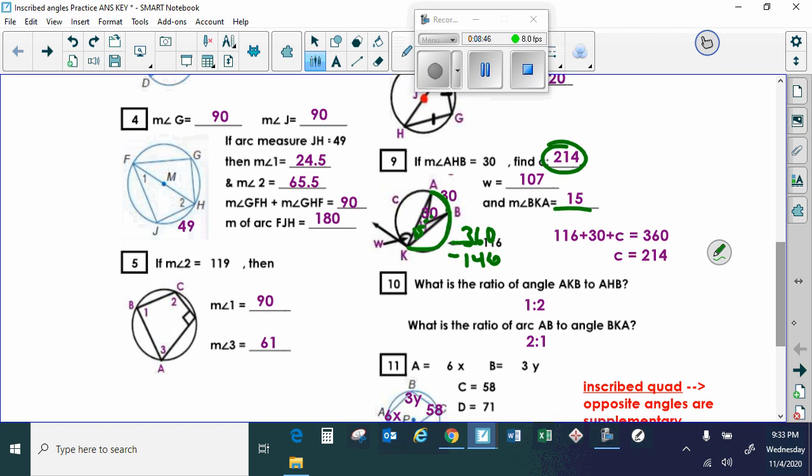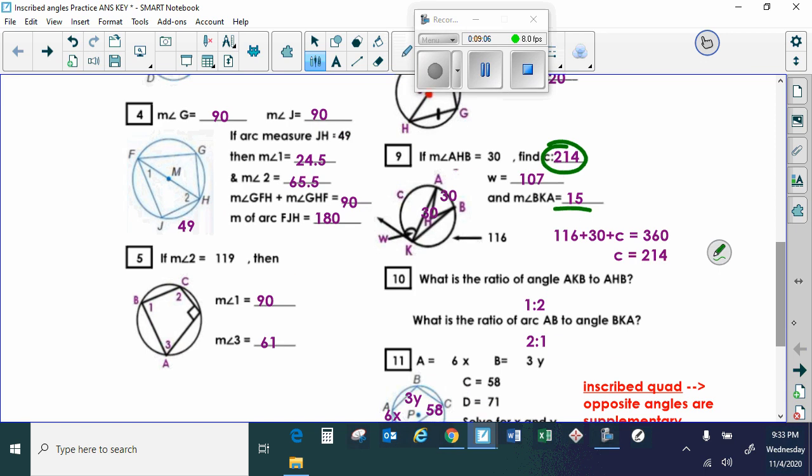When you have a tangent to a circle, as we have right there, this is like the inscribed angle, so it's half of its intercepted arc. The arc was 214, so half of that is 107. So that also works for a tangent as well. Okay, we already did the 15 degrees right there.